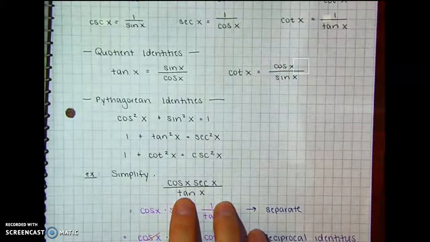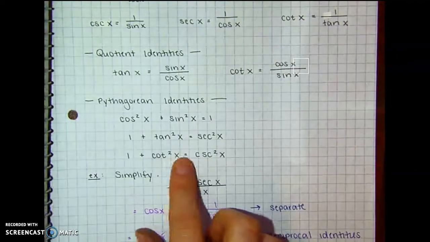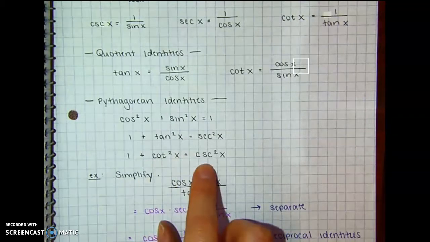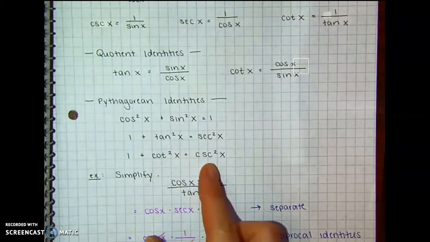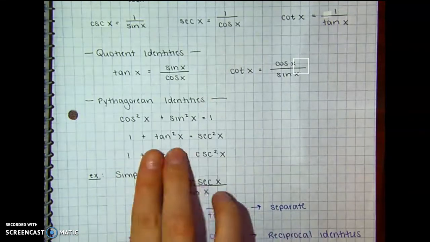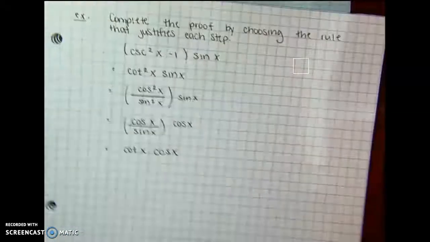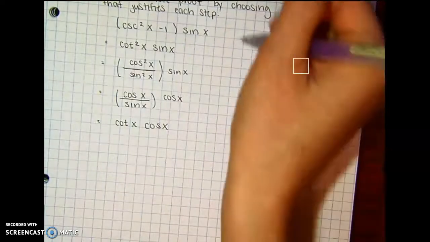There is a Pythagorean identity that involves cosecant. Here it's written 1 plus cotangent squared equals cosecant squared, but I could simply subtract 1, and then I'll have cosecant squared minus 1. So to go from here to here, that is using a Pythagorean identity.